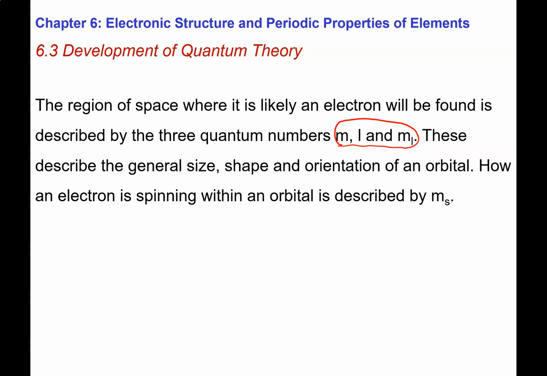What these numbers describe are the general size, shape, and orientation of an orbital. How the electron is spinning within an orbital is described by ms, and ms can have values of +0.5 or -0.5. ms does not describe where the electron is, ms describes how the electron is spinning.